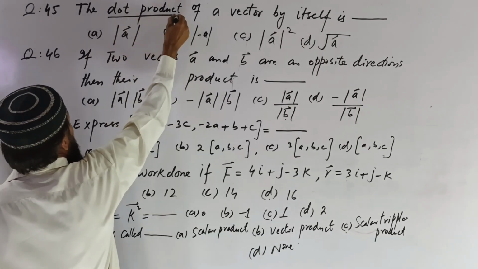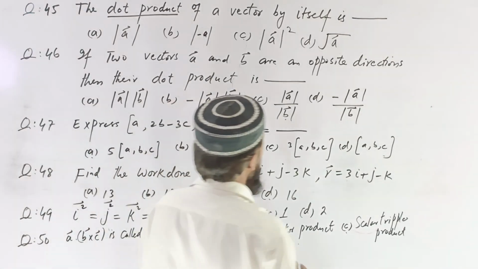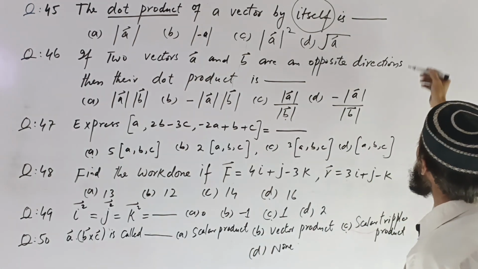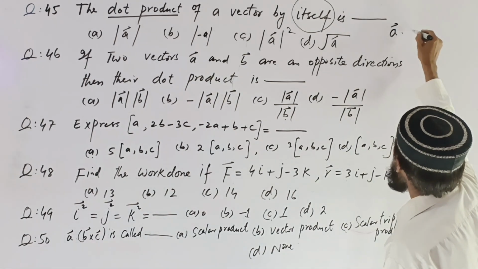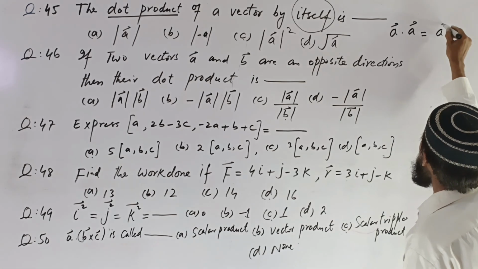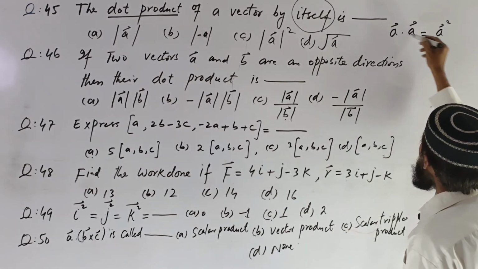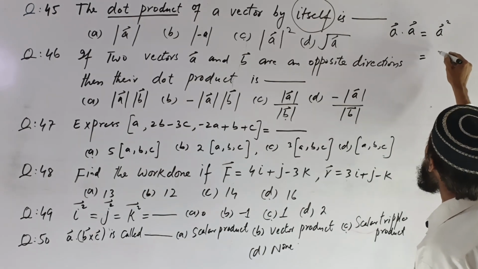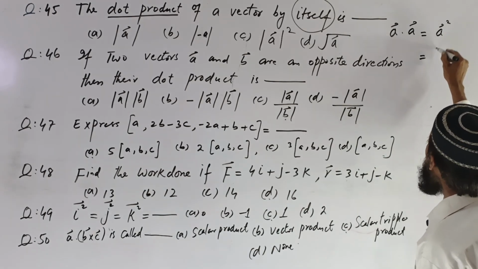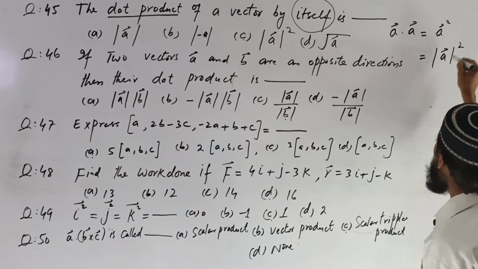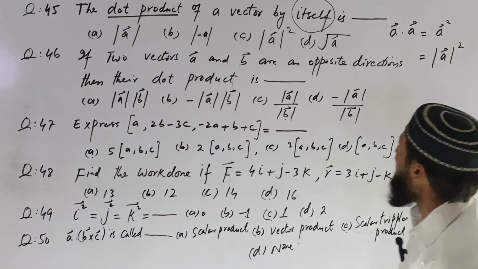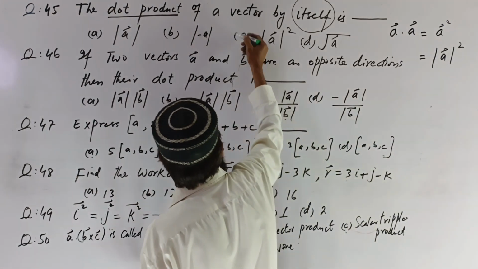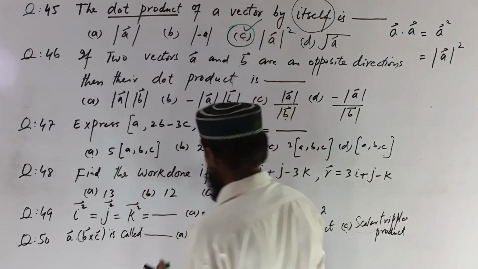The dot product of a vector by itself, for example A with itself, we can write as A square, the absolute magnitude of A squared. Option C is the correct answer.